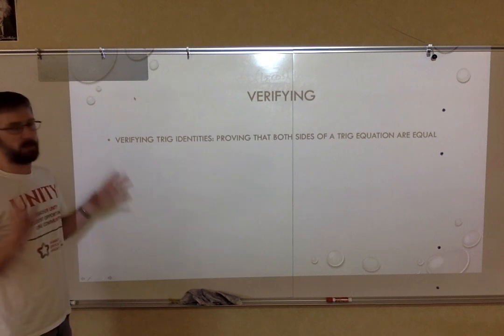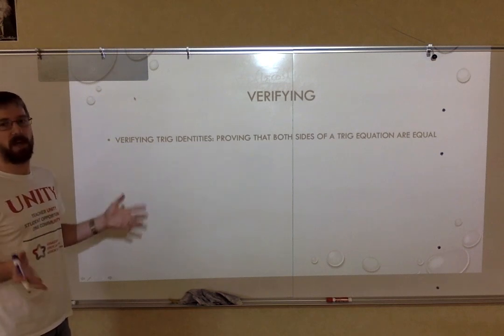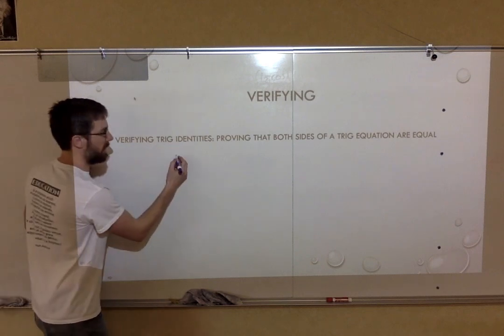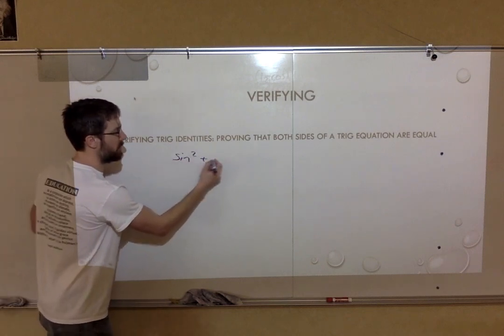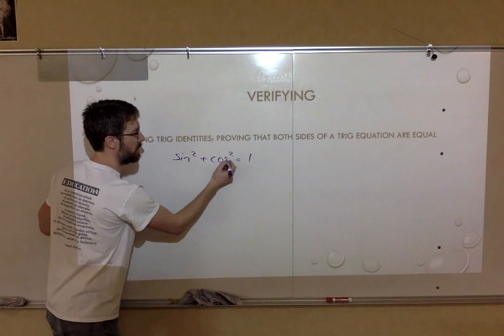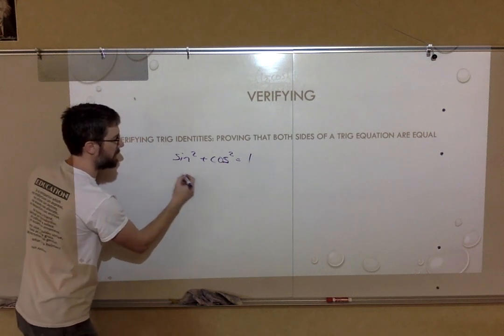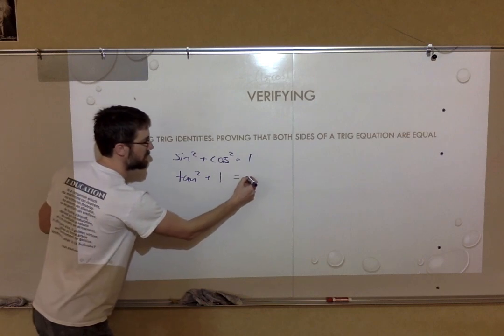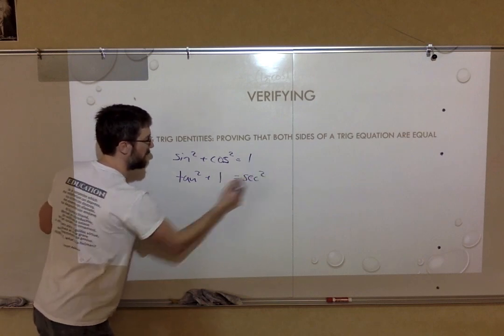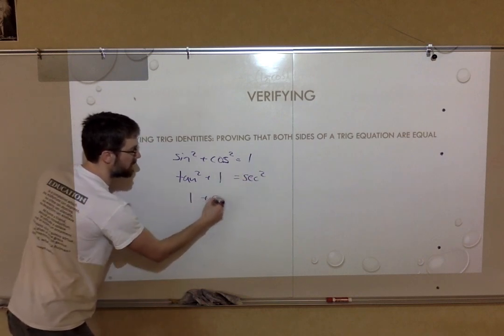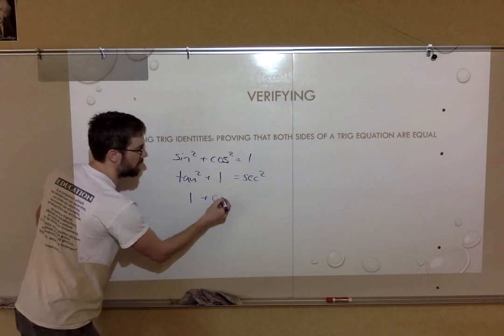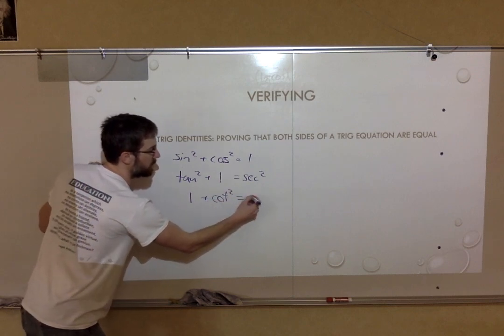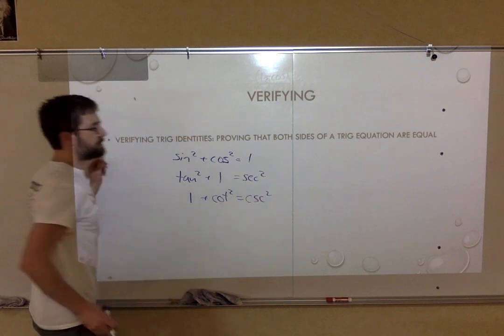I want to talk a little bit about the Pythagorean identities. We have sine squared plus cosine squared equals 1. We've got tangent squared plus 1 equals secant squared. And we have 1 plus cotangent squared equals cosecant squared.